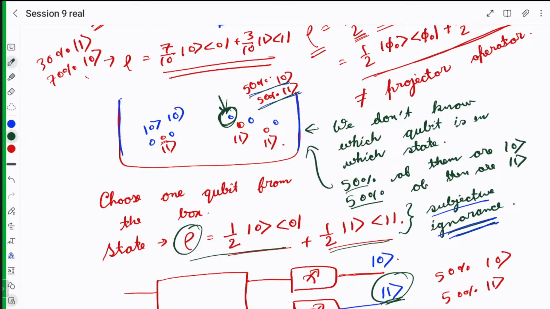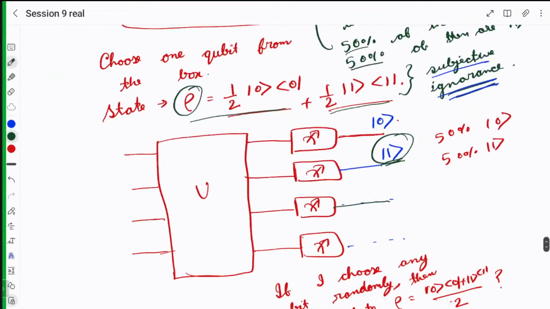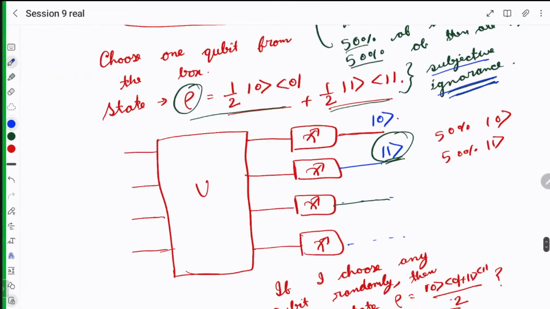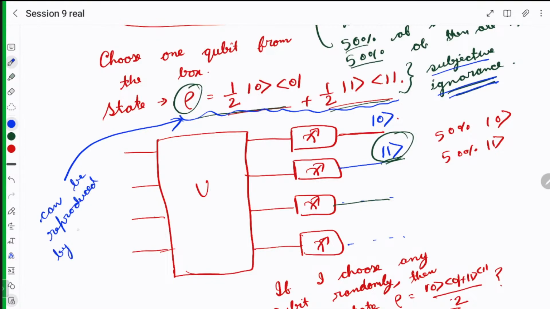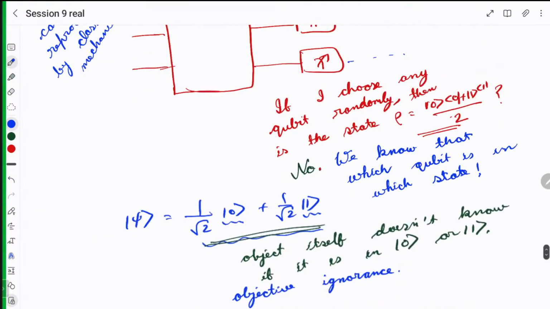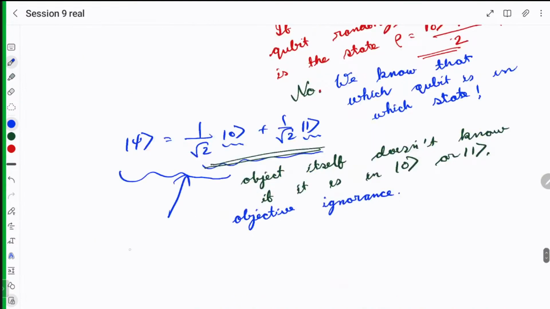Yes, exactly. So the subjective ignorance corresponds to classical probability. Or you can say that for a mixed state like this, where there is subjective ignorance, these statistics can be reproduced by classical mechanics. But the statistics of this state cannot be reproduced by classical mechanics.